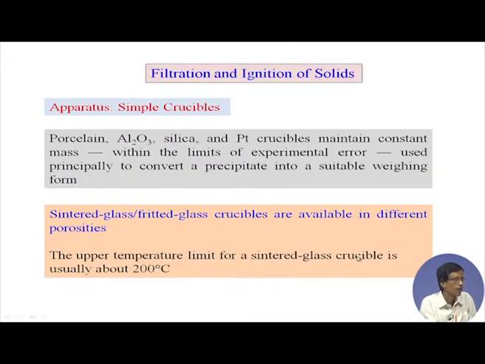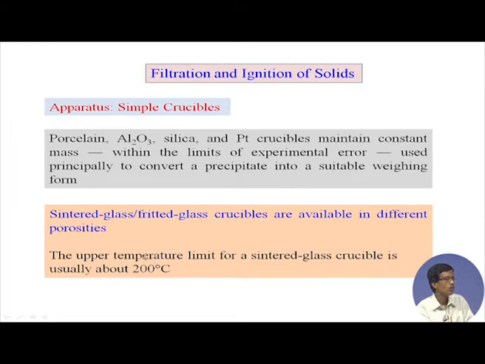This sintered glass crucible is very useful up to 200 degrees centigrade. When we dry nickel DMG or aluminum oxinate, we use it up to 120 degrees, but in some other cases you can even have another solvent, where the medium is not only water.